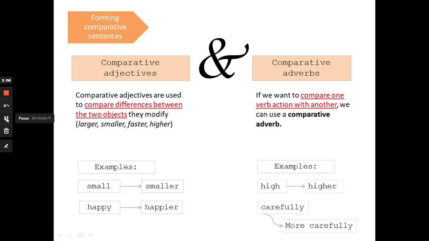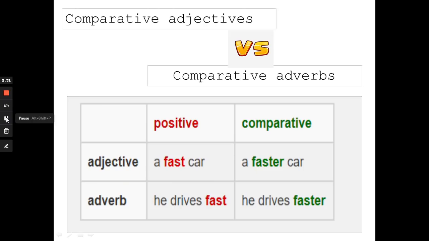We use comparative adverbs if we want to compare one verb action with another. For example, here you have the adverb high, then it becomes higher as a comparative adverb. The same goes for carefully, which changes to more carefully, right?